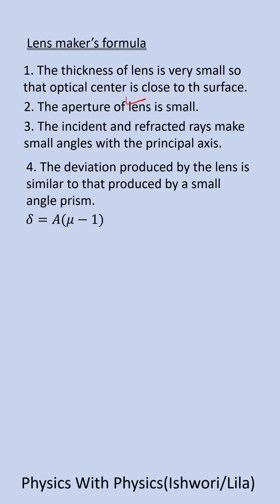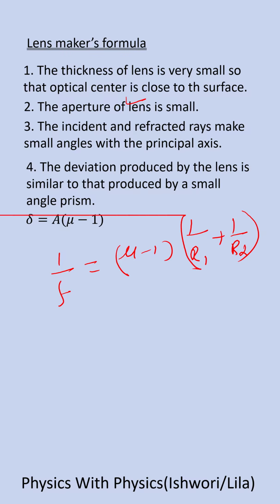In lens maker's formula, finally, we obtain the formula 1 by f equals (mu minus 1) times (1 by R1 plus 1 by R2). What does this actually mean? We can make a proper choice of refractive index. We can take a material of our proper need.